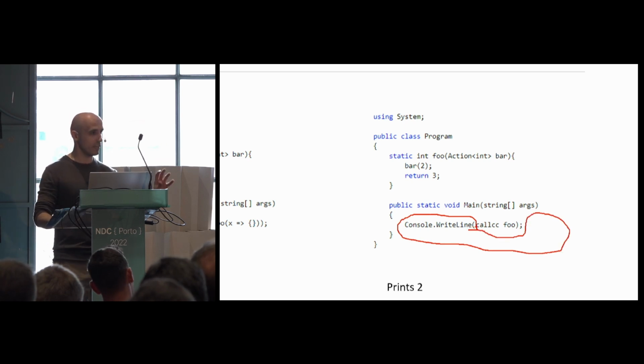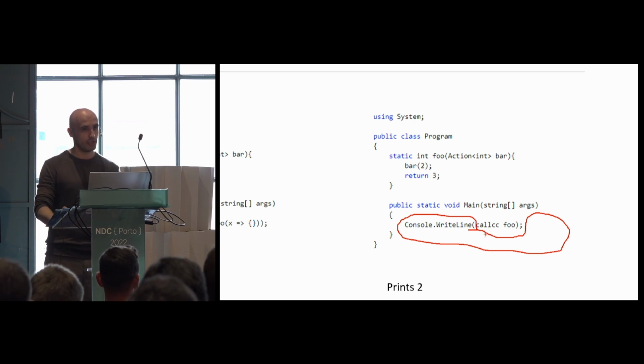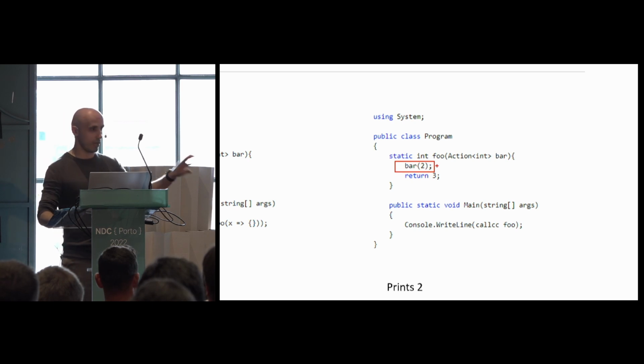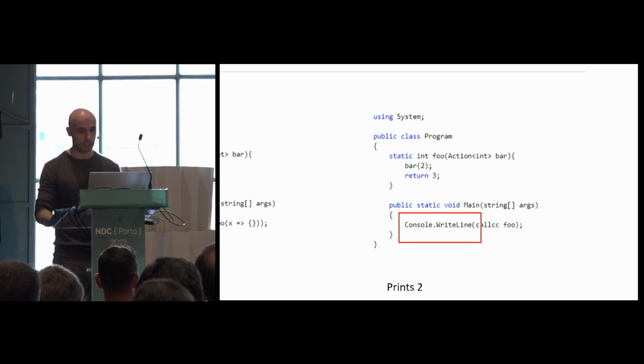Then this thingy is ultimately wrapped into a lambda continuation, which is then passed as this bar. So now when foo calls the bar continuation, so when we call bar with number 2, what happens next is that foo is terminated and we continue with the continuation, and the continuation is this thingy.